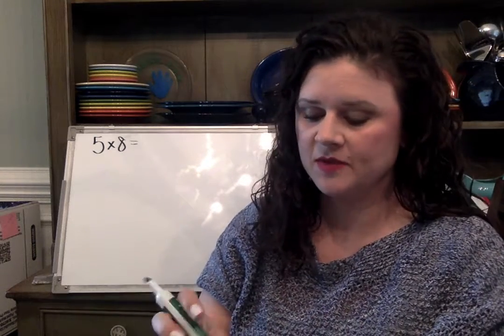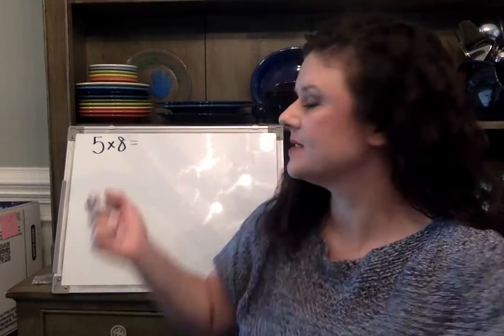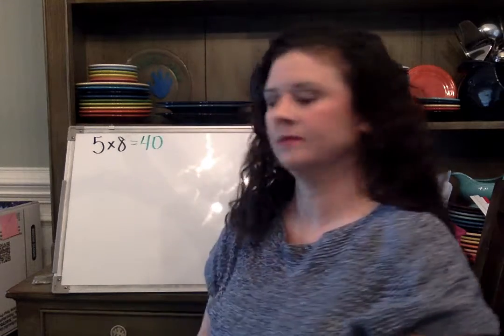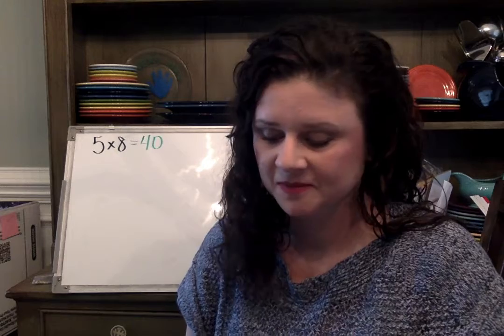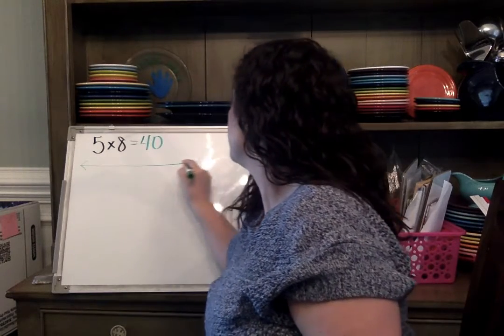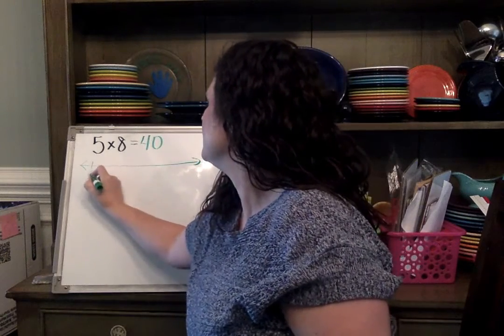Okay, so most of you probably knew 5 times 8 was 40. Did you have to count 5, 10, 15, 20? Because remember, this is not our most efficient strategy anymore.